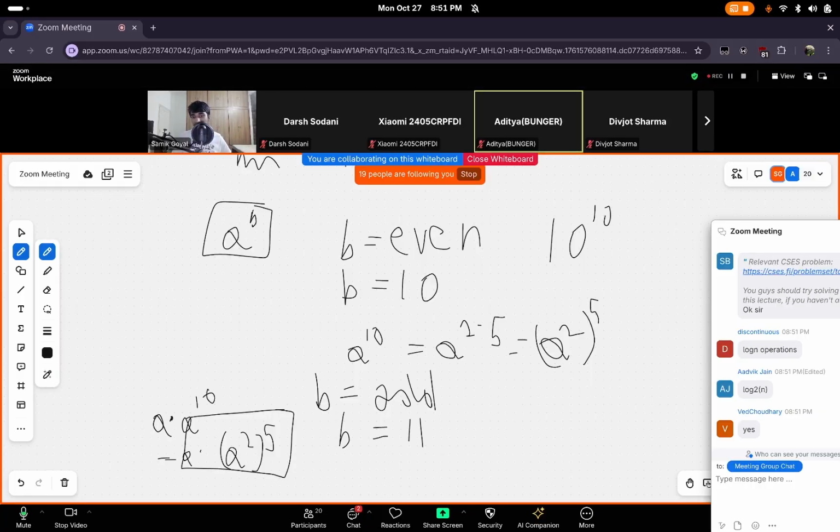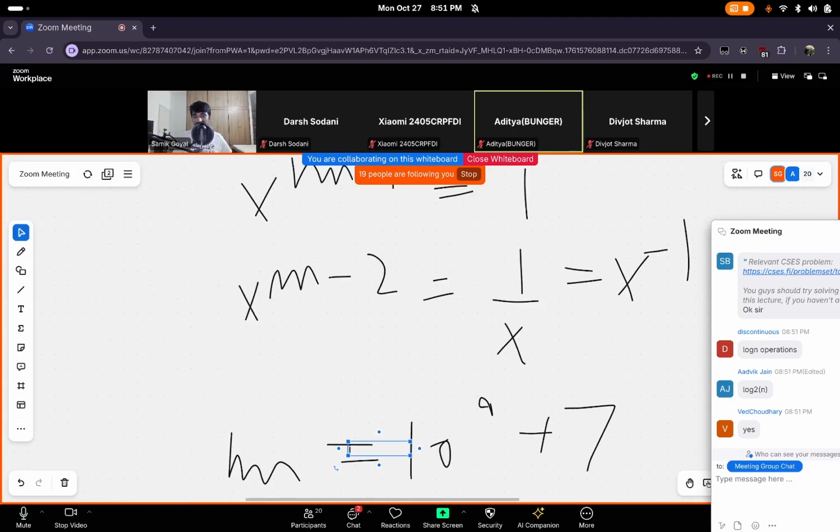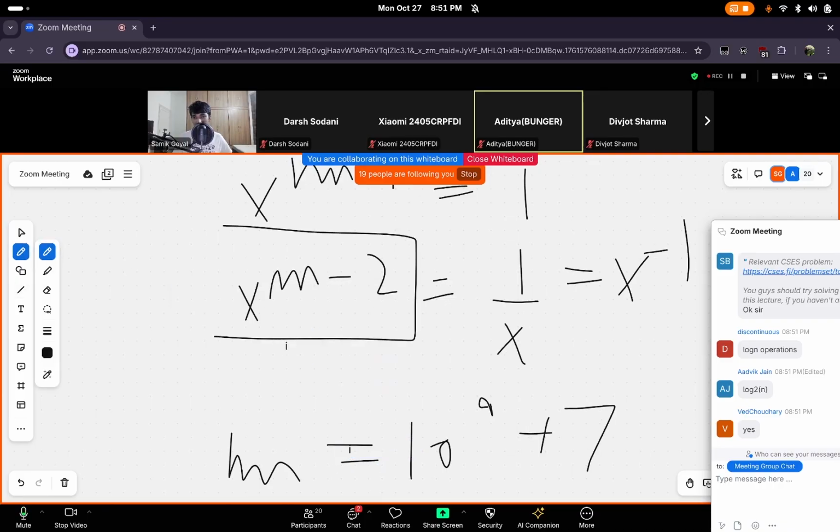And due to that, this fast exponentiation trick can find this thing, x to the m minus 2, very quickly. So I hope everyone understands how we can find this inverse.